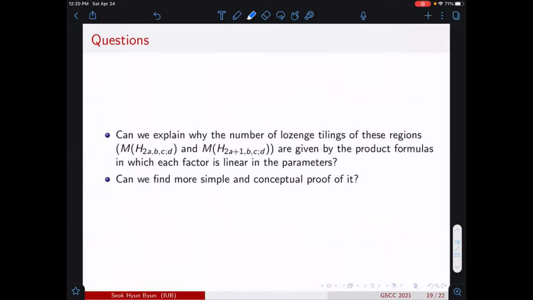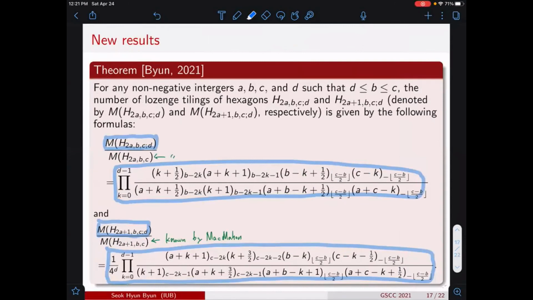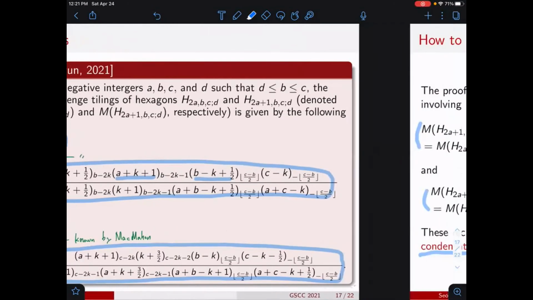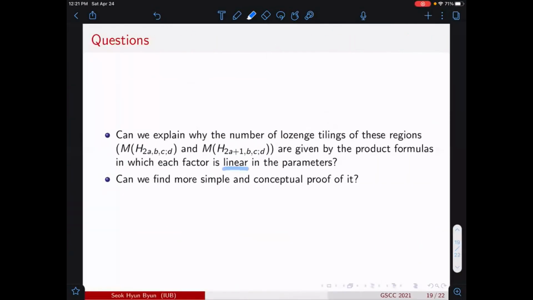Right. Here are two questions, and one of the questions is why these numbers are so nice, in the sense that each factor is linear. I mean, if you see the formula, there are many factors, and all the factors are linear in A, B, C, and D. Although I proved it, I have no idea why it is the case. So this is one of my questions. And the second question is, I want to see a more simple and conceptual proof.